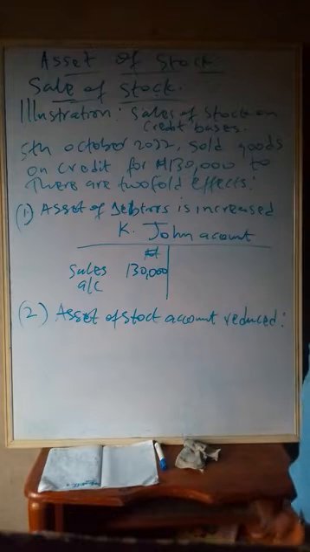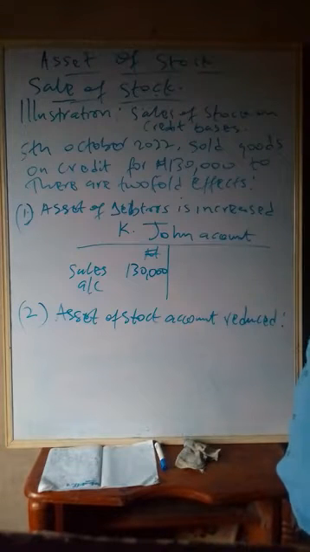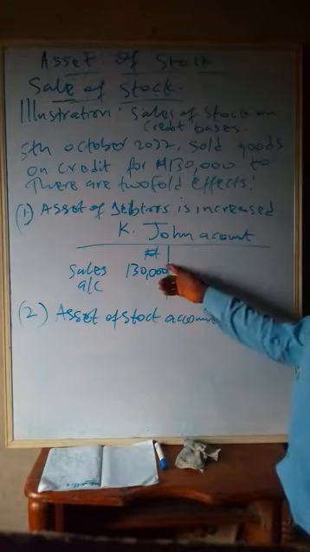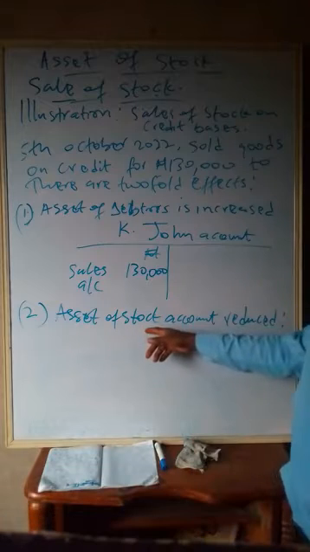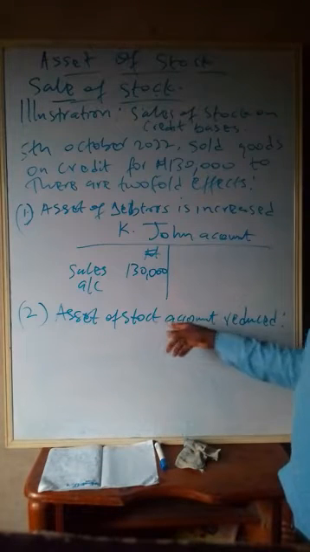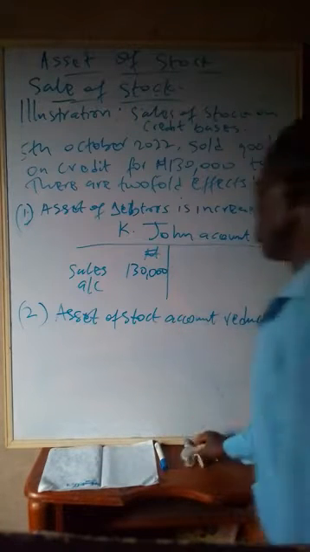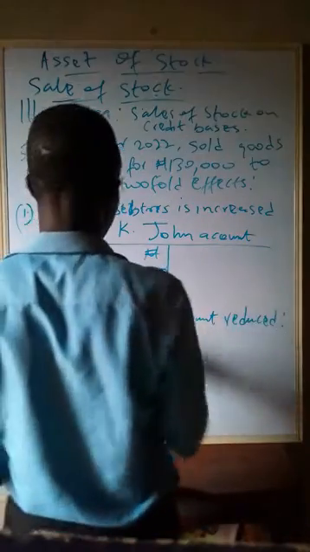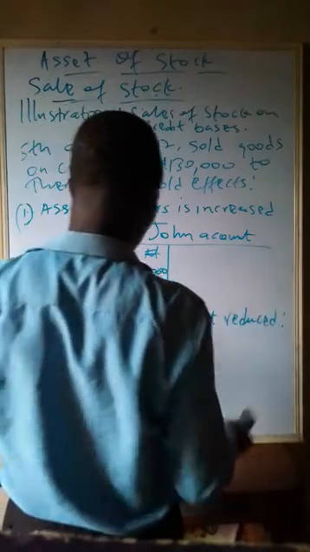So when assets reduce, what do you do? You credit. When assets increase, you debit. So the asset of stock account has reduced.